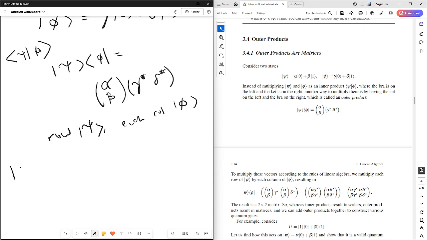So we can evaluate this according to the example they have here.